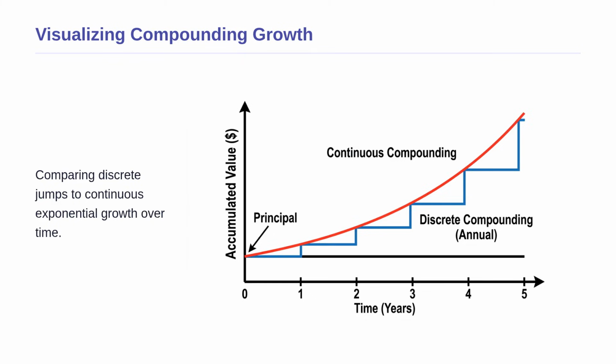Now look at the smooth red curve representing continuous compounding. It hugs the top of these steps, representing the absolute maximum growth possible for a given rate. The smooth nature of this continuous red curve is exactly why calculus can be applied to it so easily, and why financial engineers prefer it over the jagged discrete steps.